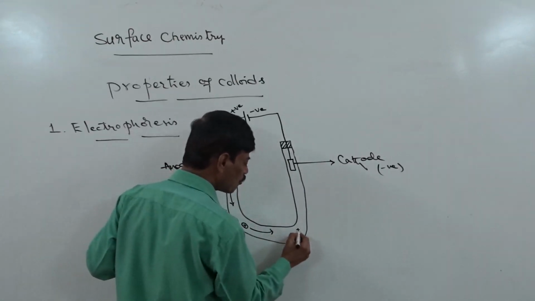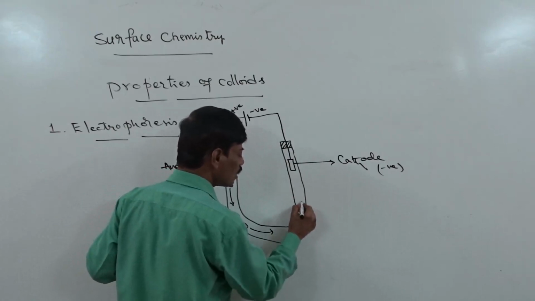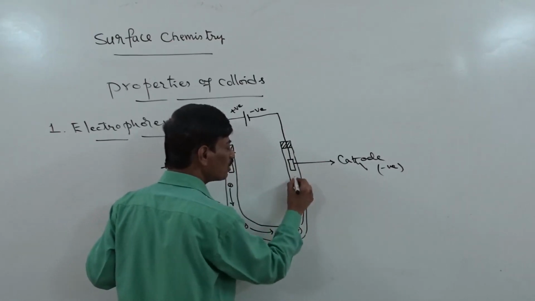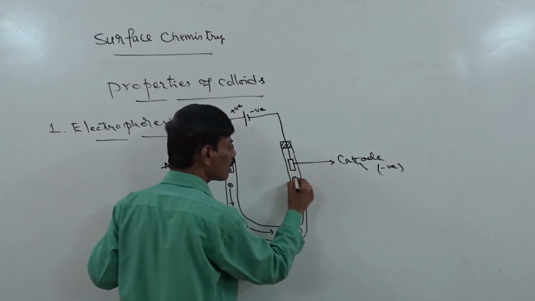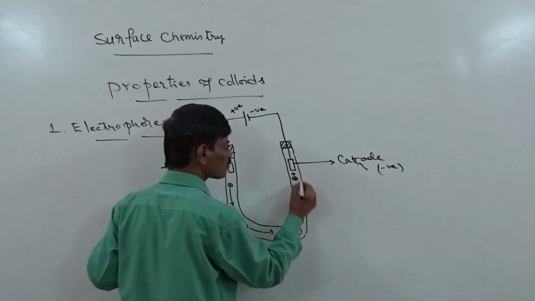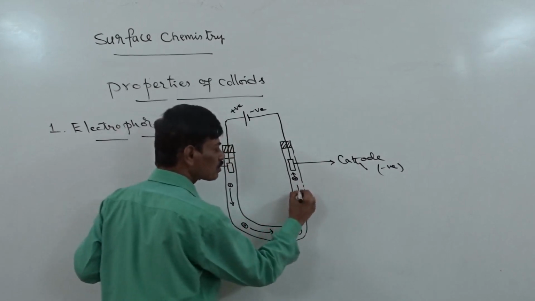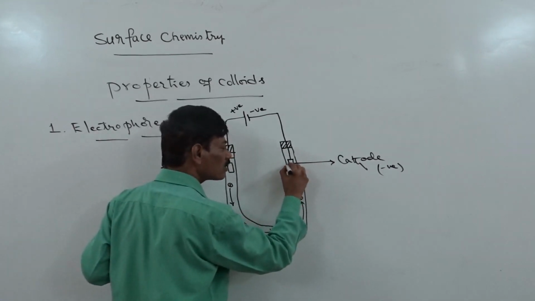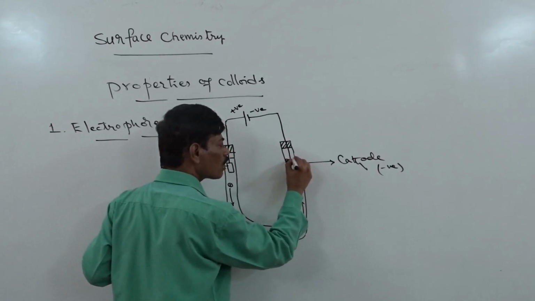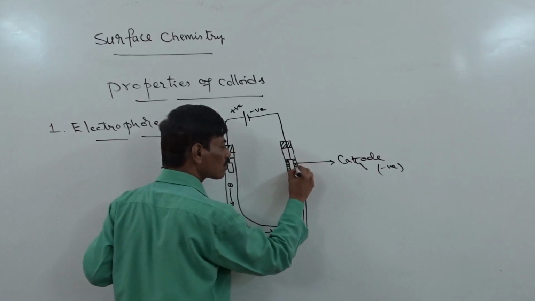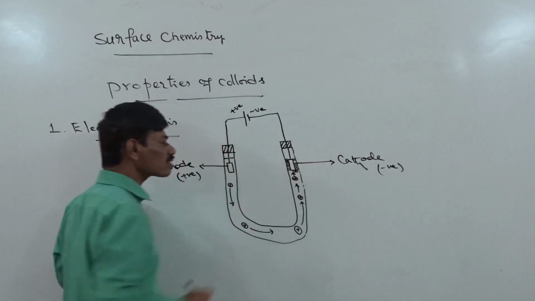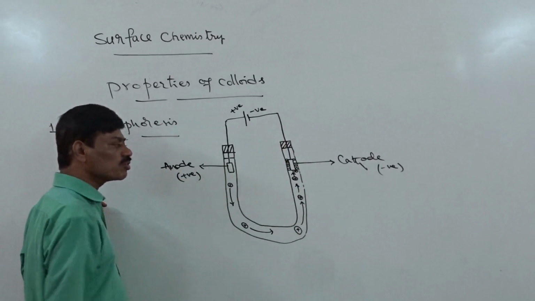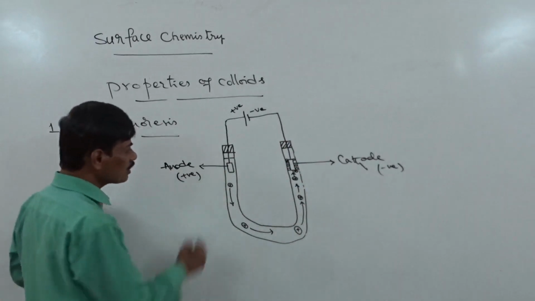Positively charged particle will be moving in this direction towards cathode, since cathode has negative charge. So after a particular time, those particles can be seen around this electrode, because this electrode has negative charge. So all positively charged particles will be moving towards cathode.